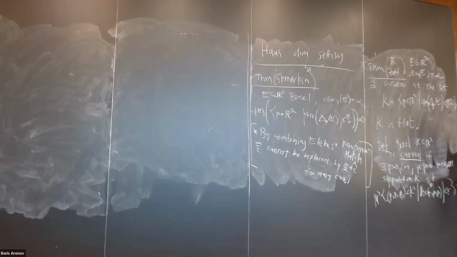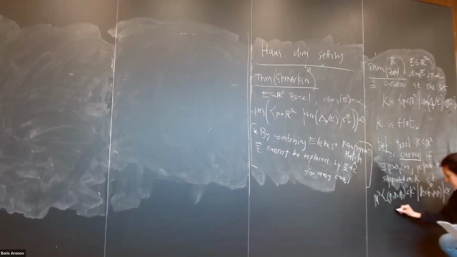The amount of such points will be at most a constant times R to the beta. We bound the number of such triples. Then this set will be curved, otherwise it is flat.